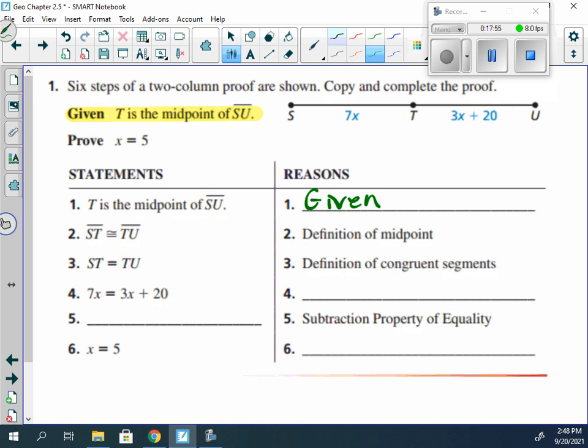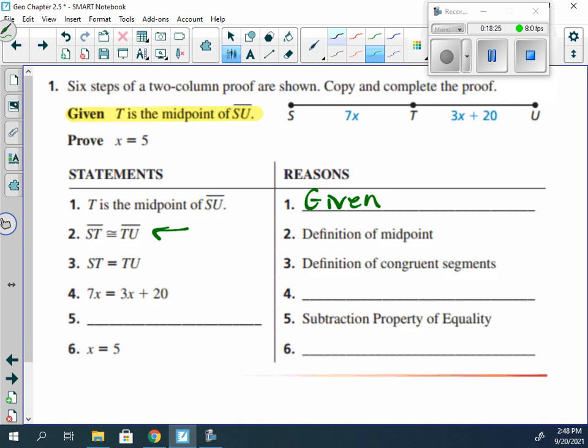So T is the midpoint of SU. Well, the midpoint does what? It divides a line segment into congruent segments, yes? That's just what a midpoint is. So the next thing they said was that ST is congruent to TU, because that's just the definition of a midpoint.